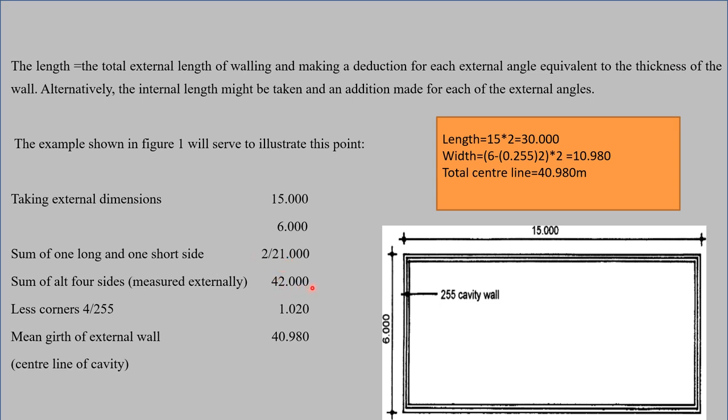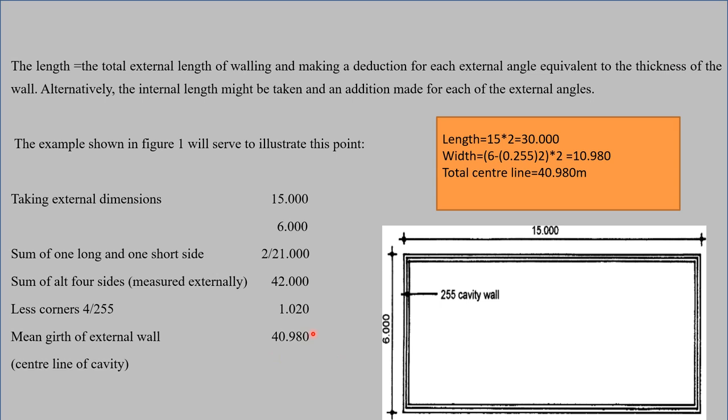Then we subtract the number of corners times the thickness of the wall. So 4 times 0.255, 1.020. So the center line of the wall shall be the external perimeter minus the number of corners times the thickness of the wall, we get 40.98.